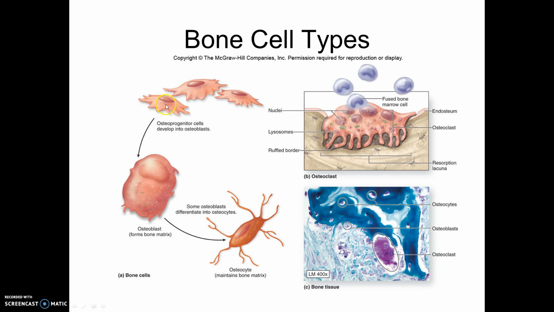So we're looking at osteoprogenitor cells, which differentiate into osteoblasts. Osteoprogenitor cells, again, are found within the periosteum as well as the endosteum. When they differentiate into osteoblasts, then we're looking at the bone building cells here. These are the cells that, like chondroblasts, osteoblasts produce the extracellular matrix. Now, we're talking about the uncalcified extracellular matrix that it produces, so that is referred to as osteoid.